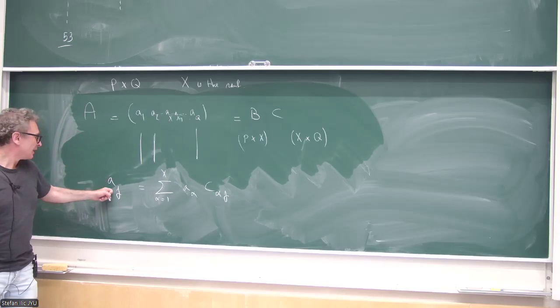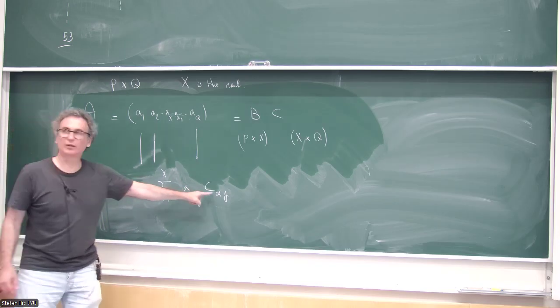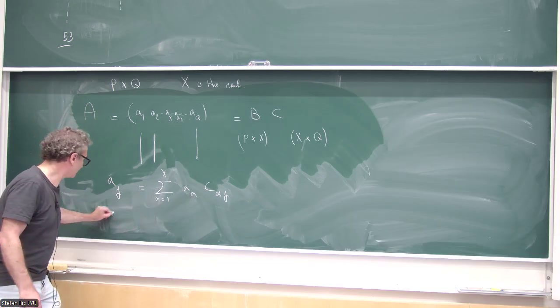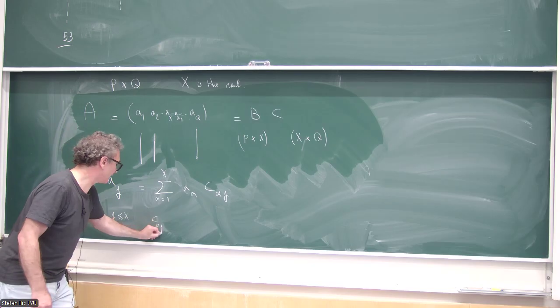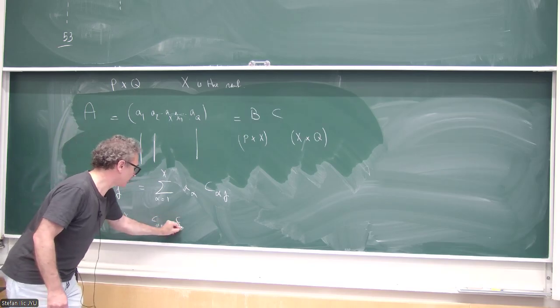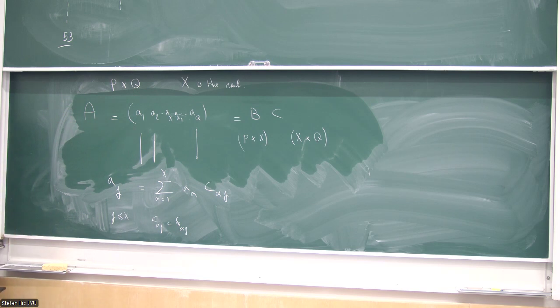And actually, if J is smaller than chi, then C_alpha J is just delta alpha J, because it's just equal to itself.